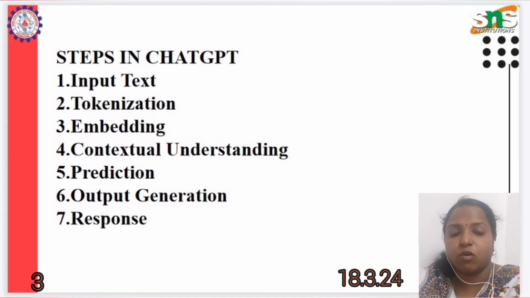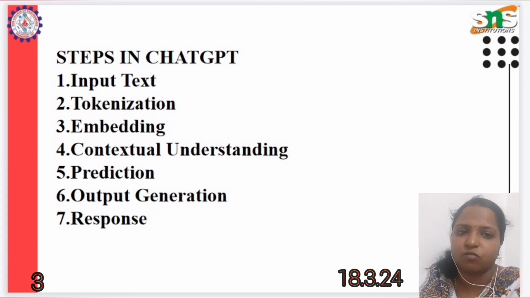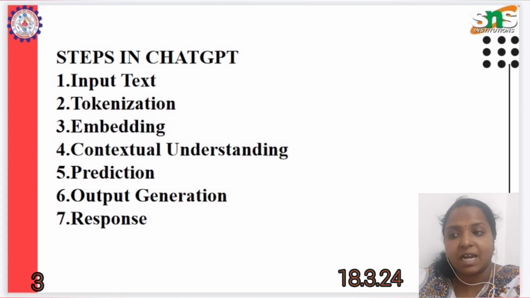Next we try for contextual understanding. A word can have different meanings, and we try to understand it according to the context. That is contextual understanding. What does ChatGPT use for contextual understanding? It uses transformer architecture to analyze and embed the input tokens into the context of the entire sentence or paragraph.